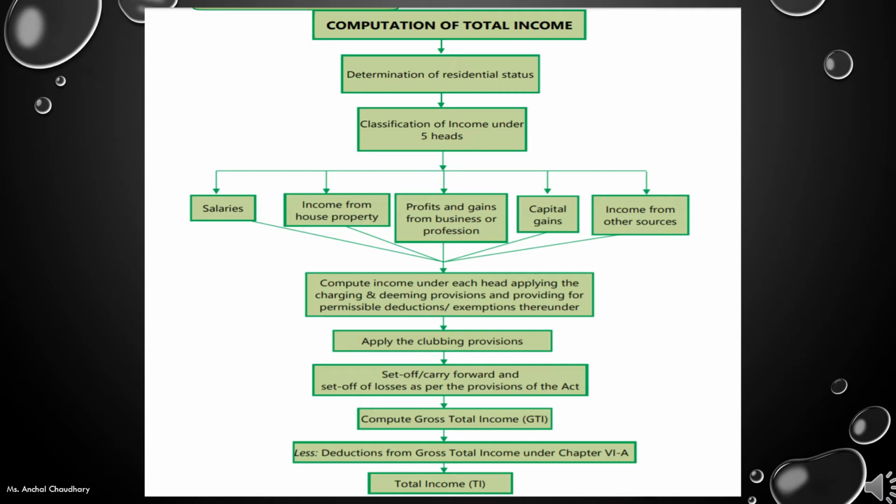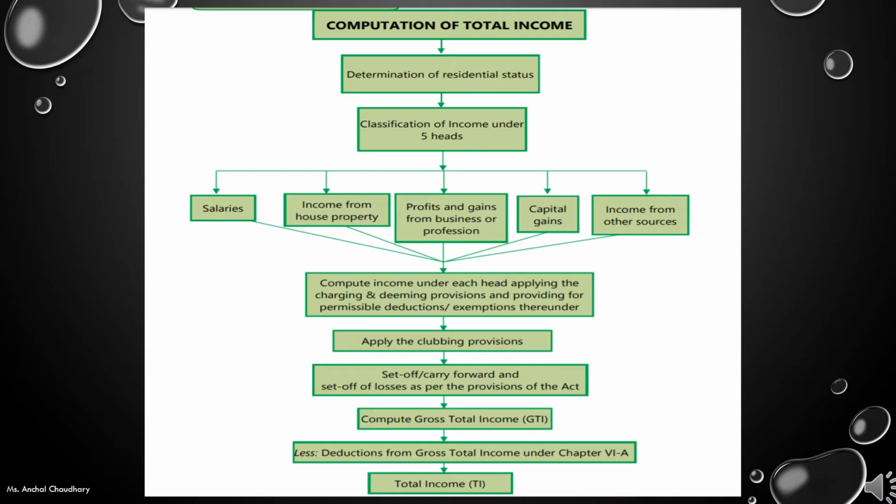First, you have to determine the residential status. Then you have to classify the income under 5 heads: salaries, income from house property, profits and gains from business or profession, capital gains, and income from other sources.